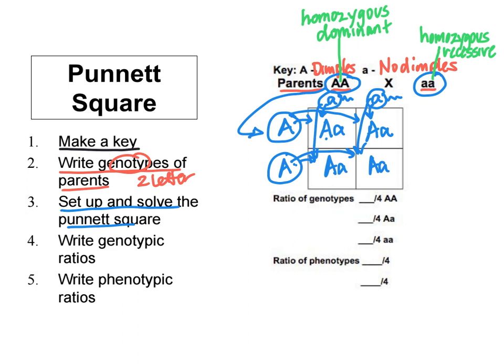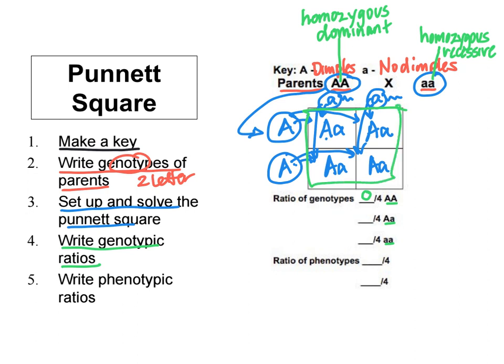Now the next thing that we're going to do is figure out what these letters actually mean. We're going to figure out how many different kinds of genotypes we have. So if I look here at my possible ratios of genotypes for the children, I can see in this square there are 0 big A, big A. None of the children, which is what this square represents, are possible offspring.